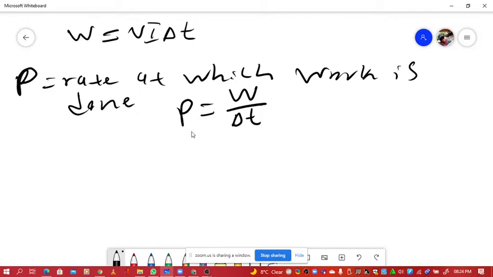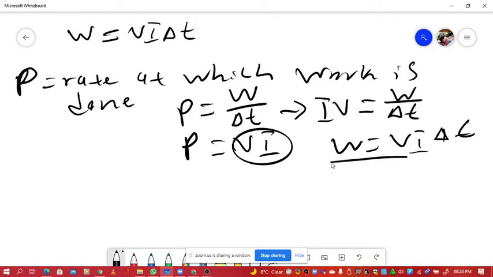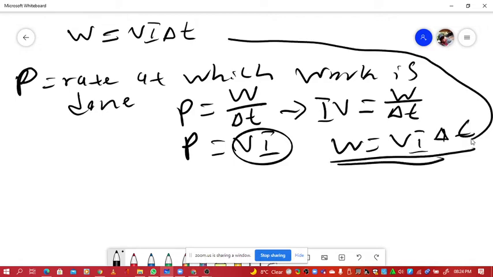But we also know from our electricity definition that power is equals to voltage times current. So where we see power, we put voltage times current. Then VI is equals to W over delta T. Then you cross multiply that delta T, you get W is equals to VI delta T. This is how this equation came about.